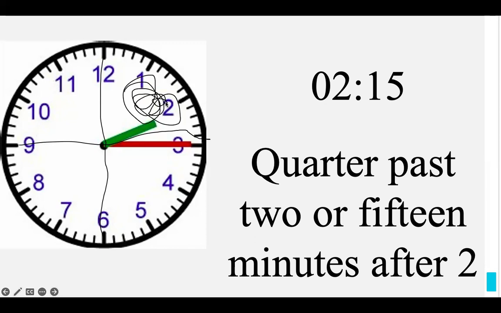So that is a quarter, the clock being divided into 4. So that is the quarter part of the clock. So it has passed through the 12. So we can say this is quarter past 2, or you can easily say 15 minutes after 2.